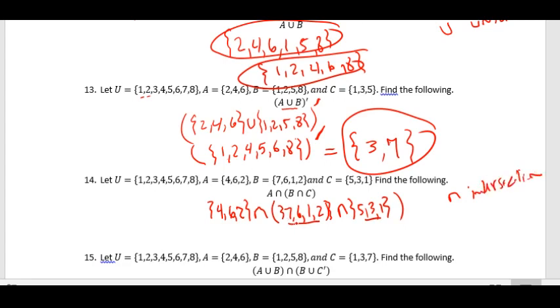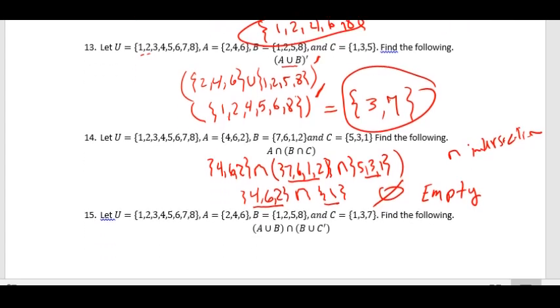So this set here and this set here have 1 in common. And we still have this side intersected with 4, 6, and 2. If we look at this set and this set, they have nothing in common. So we can write our answer as an empty set. You can use this symbol, or if it's asking you to write the word out, then we would say empty set.